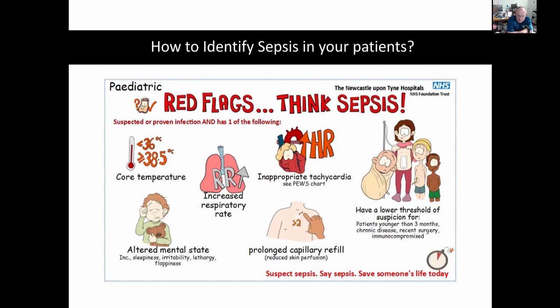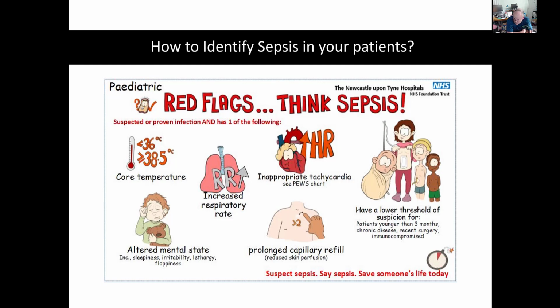It can go high, super high, down to normal, then super high again. Altered mental state, a little state of delirium in children. I could flip this and say elderly, and it would be pretty much identical. Prolonged capillary refill: you just push on the skin, it turns white, and you want to see it perfuse. Reduced skin perfusion lets you know that something's going on, capillaries are involved, and we have inflammation.